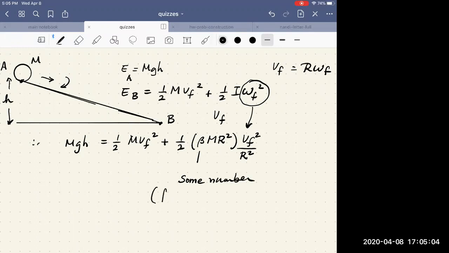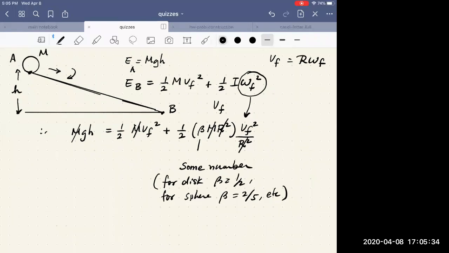So for a disk, you have beta equal to 1/2. For a sphere, you have beta equal to 2/5, etc. All right. So now you can immediately calculate what V final would be. First of all, let me take the liberty of canceling out the mass, because the mass doesn't matter. R squares cancel out.